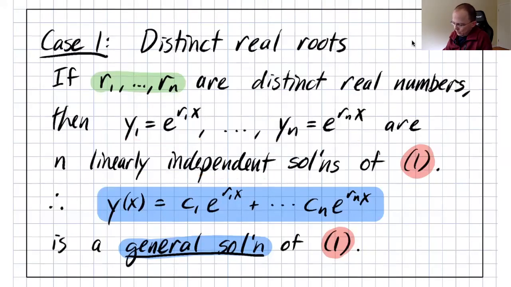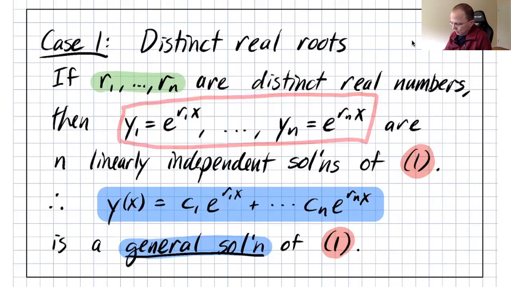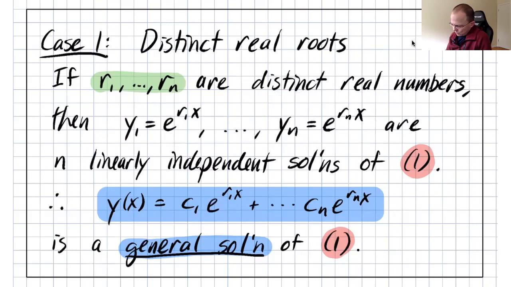So there's not going to be any redundant solutions in this list of solutions. And since the differential equation is order n, that's all we need. We need n linearly independent solutions. And so this gives it to us.